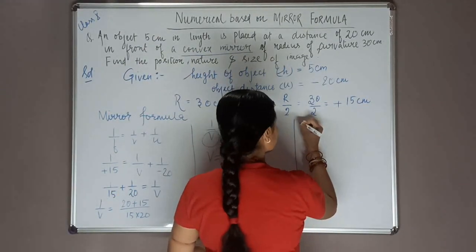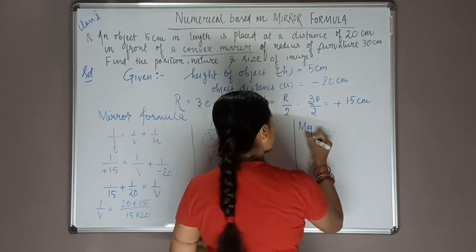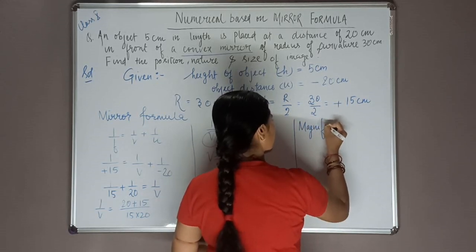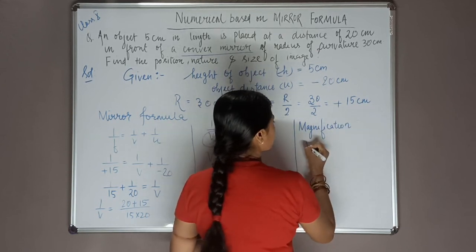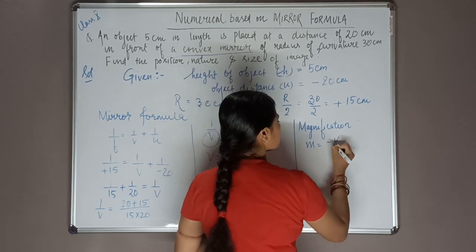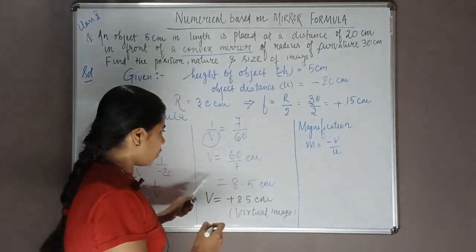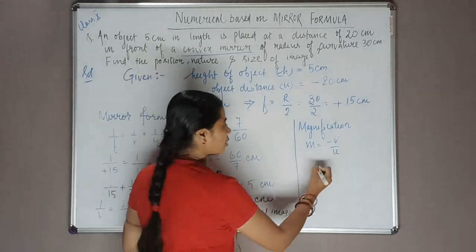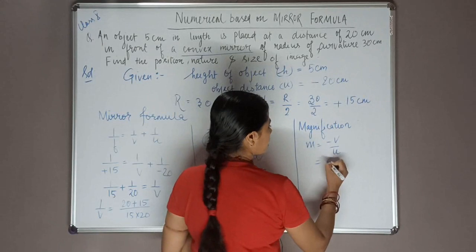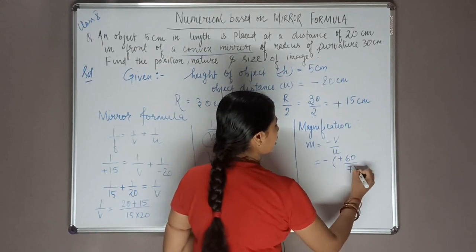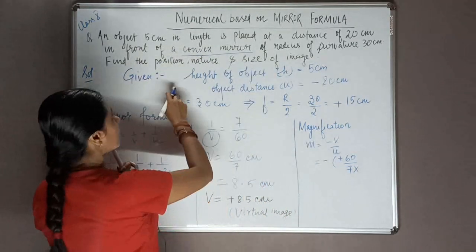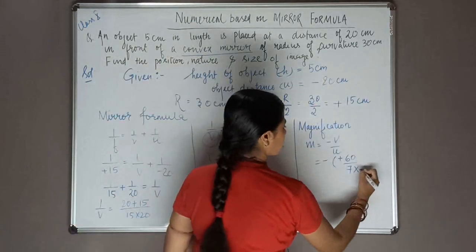And the third part is the size of the image. Size of the image means you have to find the magnification. Now magnification M is equal to minus V by U. The value of V is 60 by 7, so it is minus plus 60 by 7 into the value of U, which is minus 20.